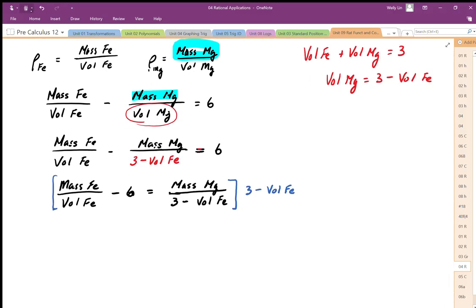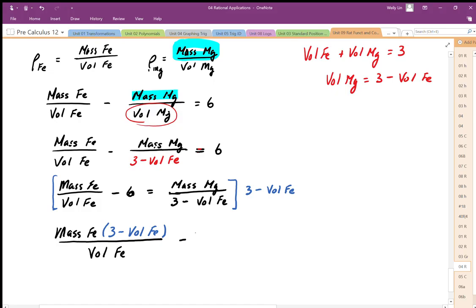So what ends up happening is I end up with the mass of iron times 3 minus the volume of iron over the denominator, which is volume of iron, minus 6 times that, so it's going to be minus 18 plus 6 times the volume of iron, and that's going to be equal to the mass of magnesium.